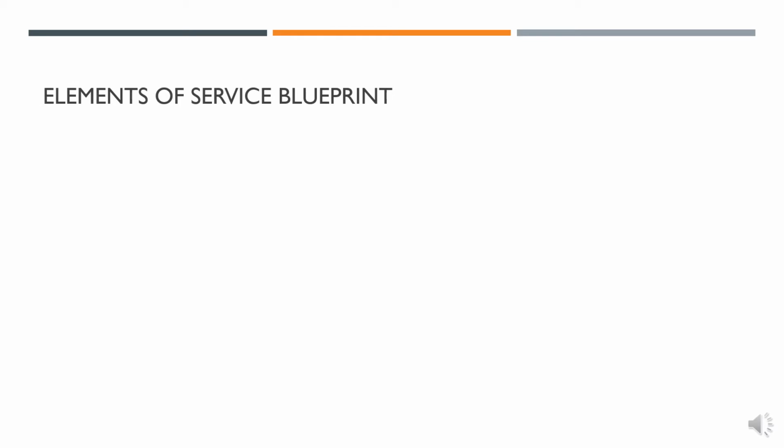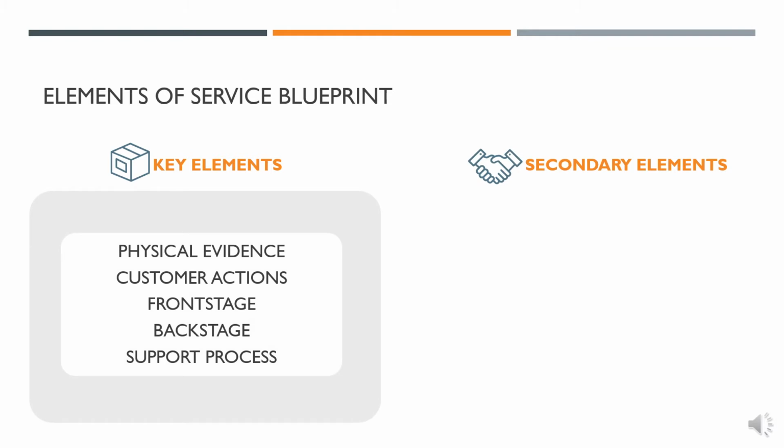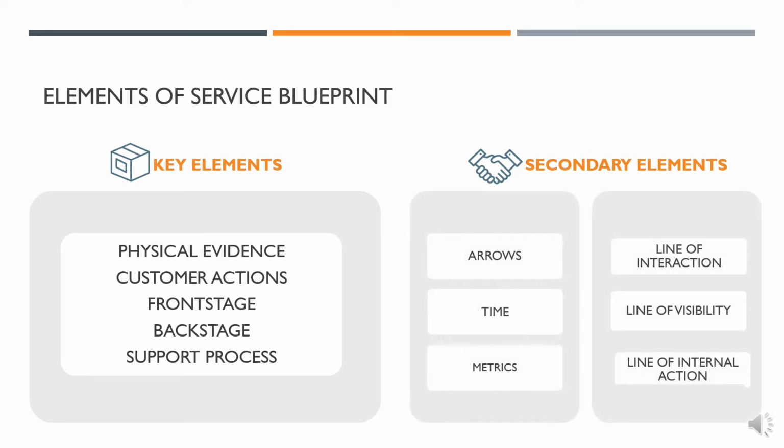Service blueprints typically contain five key elements that illustrate the main components of the service being mapped out. These key elements are physical evidence, customer actions, front stage, backstage, and support process. There are also secondary elements which are arrows, time, and metrics.